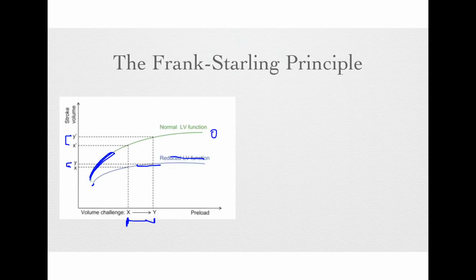So essentially the challenge, when deciding how much volume we need to give the patient, is to identify on which portion of the curve they're on. If they're on a more linear portion of the curve, then they will be likely to respond to volume. They'll be preload dependent. Whereas if they're on a more plateaued, flat portion of the curve, they're unlikely to have any significant improvement in their hemodynamics after giving volume.